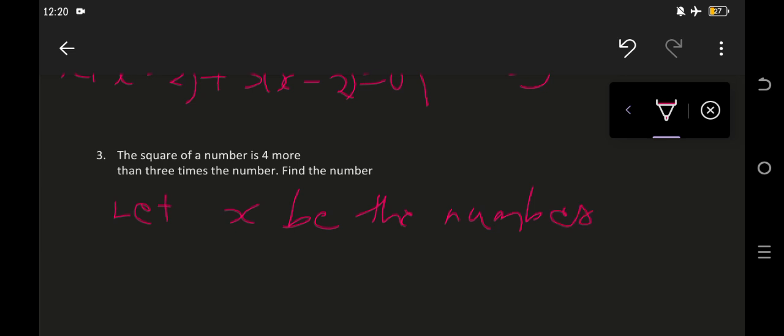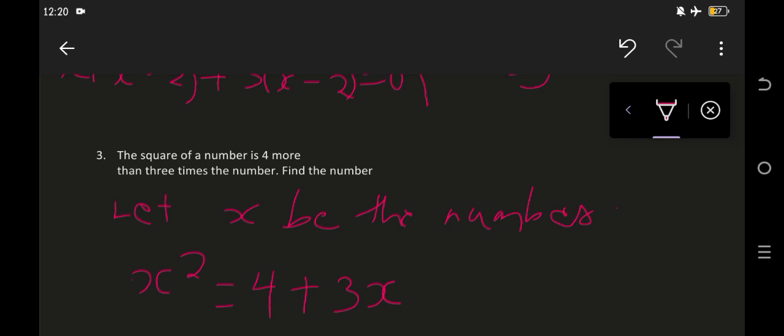Let x be the number, so that the square of x is x squared. Now x squared is 4 more. This means if you take 4 plus 3 times the number, that is 3 times x, which is 3x. If you take 4 plus 3x, you're going to get x squared.